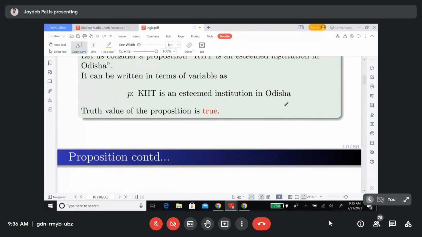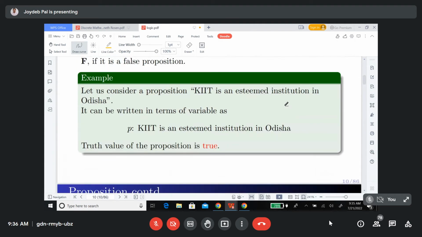But in the present form, you can say it is atomic. देखो अगर ऐसे लिखा रहता कि KIIT is an esteemed institution and KIIT is in Odisha, अगर ऐसे लिखा रहता, then it is compound. Okay.